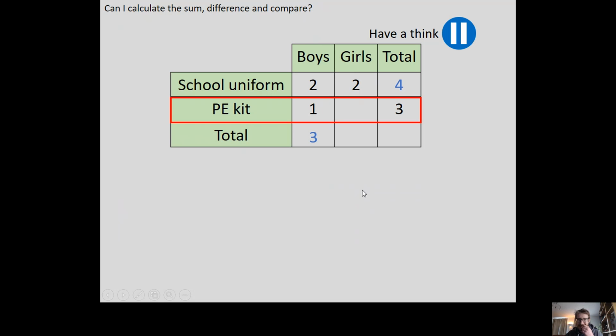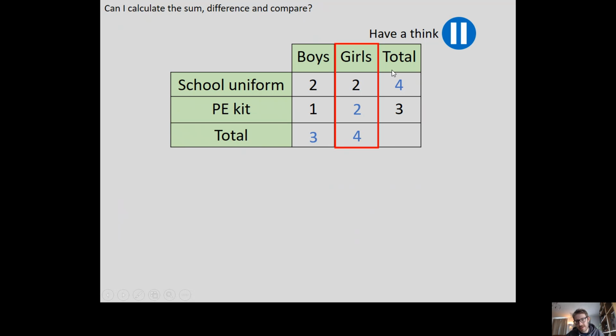Could we use the rest to work out the missing information here? Well, we know that there are 3 total for PE kit, but there's 1 boy, which means it has to be 2 girls in there. And then the next one, girls, 2 school uniform, 2 have got PE kit. What's the total? 4.